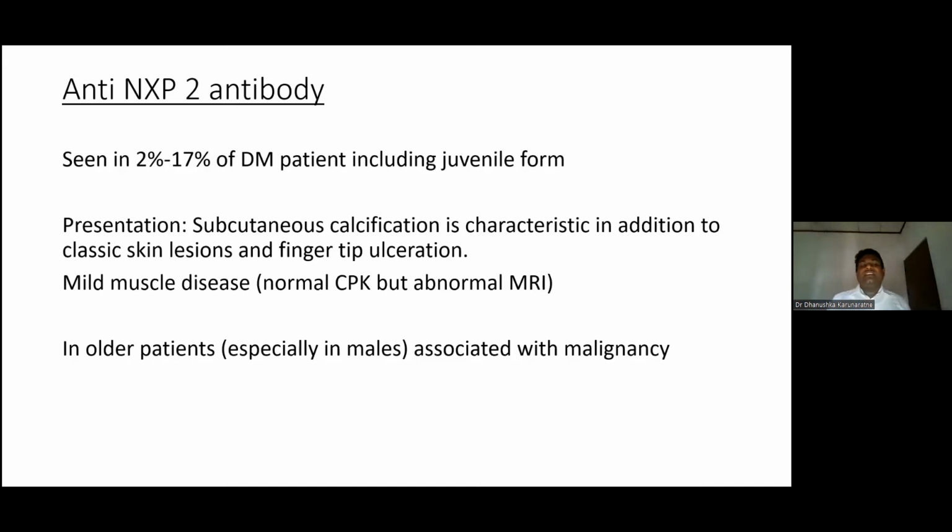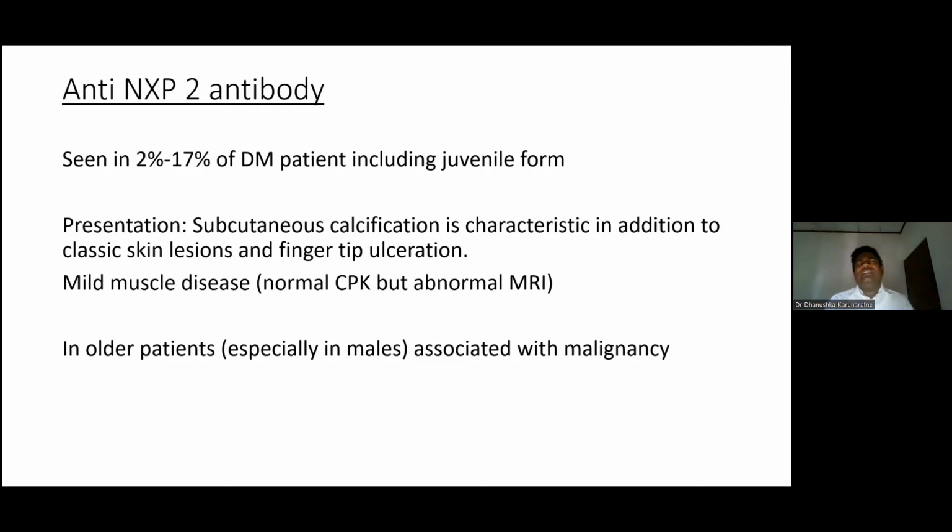Again, the presentation is characterized by rapidly progressing skin lesions with fingertip ulceration, but the very peculiar, noteworthy feature associated with NXP2 is subcutaneous calcification. So if you see subcutaneous calcification in an adult male, think about cancer association.